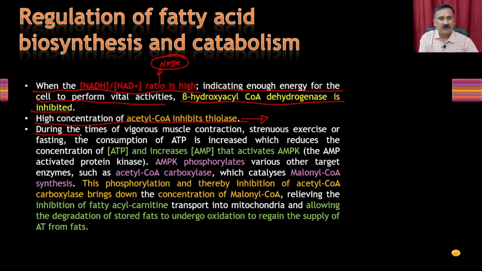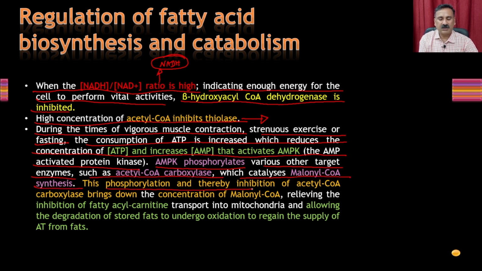Then the third is during the time of vigorous muscle contractions, strenuous exercise or fasting, the consumption of ATP is increased, which reduces the concentration of ATP and increases the AMP that activates AMPK, the AMP activated protein kinase, and AMPK phosphorylates various other target enzymes such as acetyl CoA carboxylase, which catalyzes the malonyl CoA synthesis.